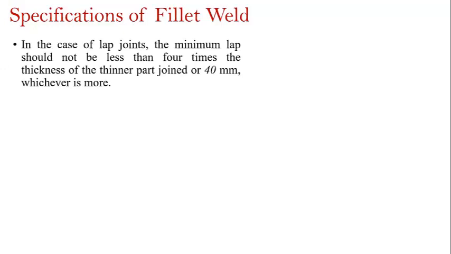In the case of lap joints, a fillet weld is where you join plates in a lap joint, overlapping the plates. In the case of lap joints, the minimum lap should not be less than 4 times the thickness of the thinner part joined, or 40 mm, whichever is more. What does it say?